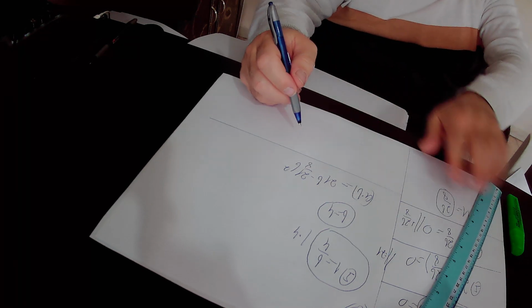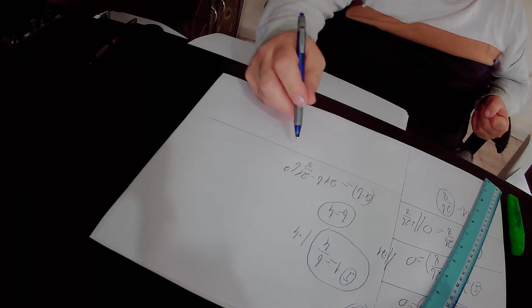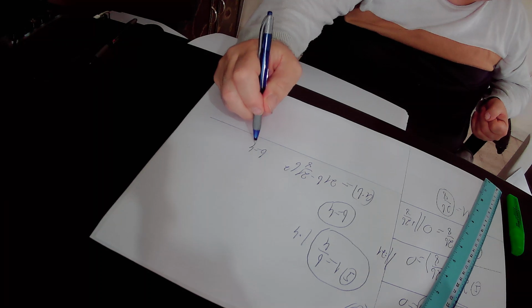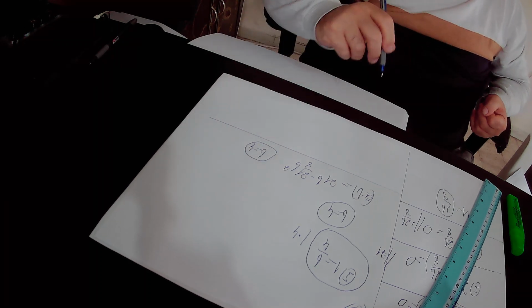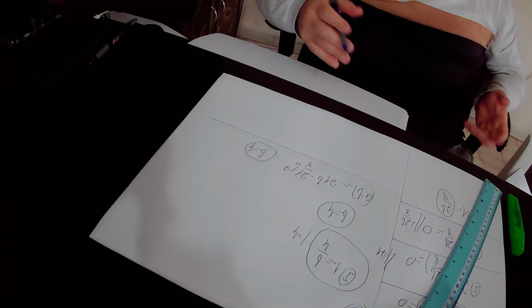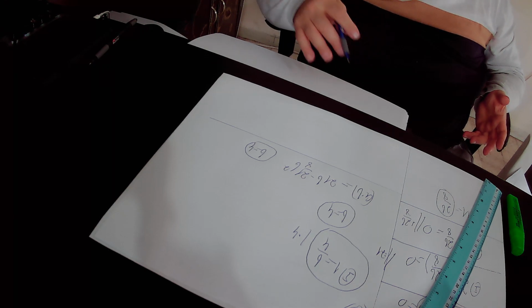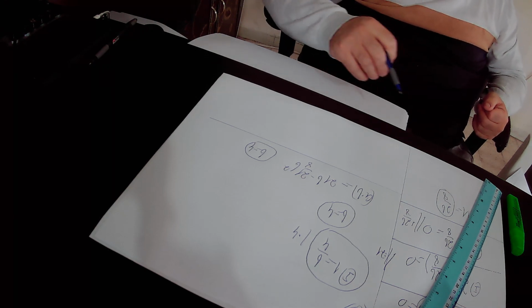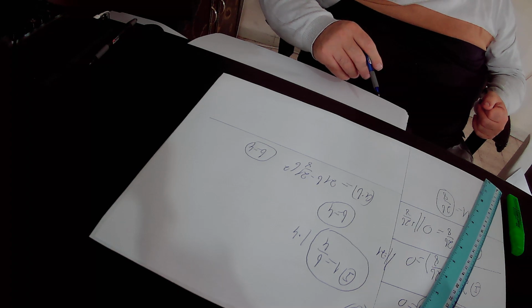Now we substitute b by 4, since b equals 4 is the maximum extreme point.